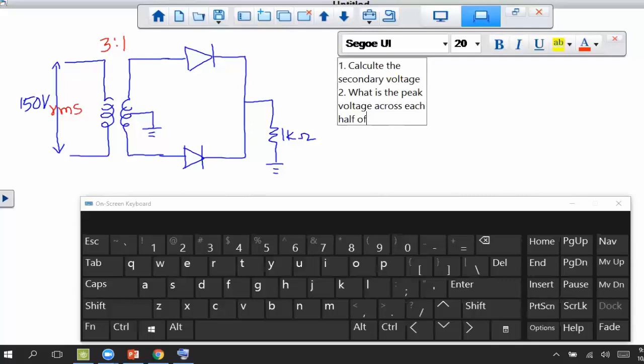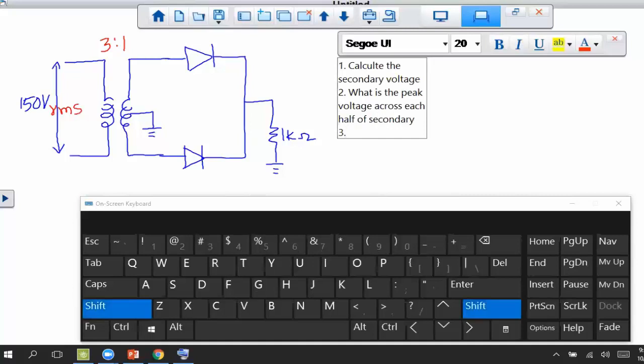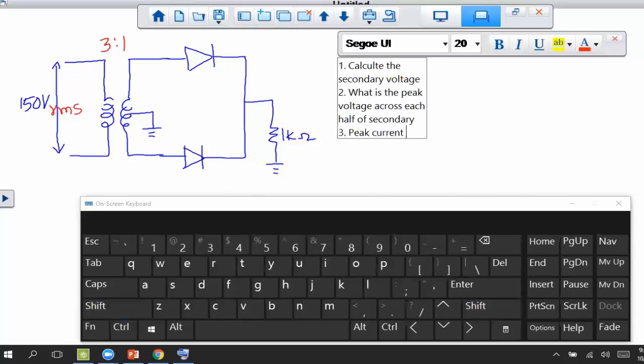It gives us 70.7. 70.7 gives us 35.35 on each leg.